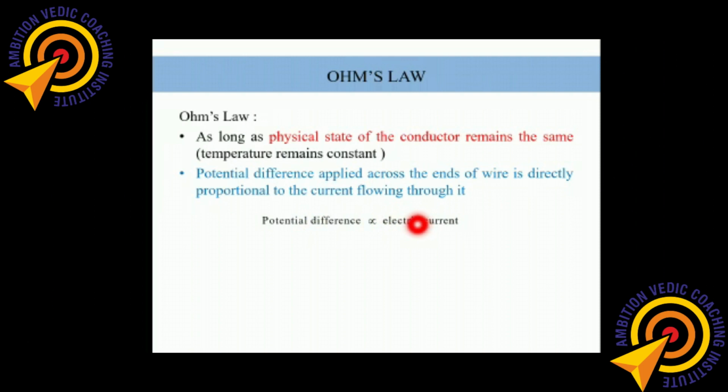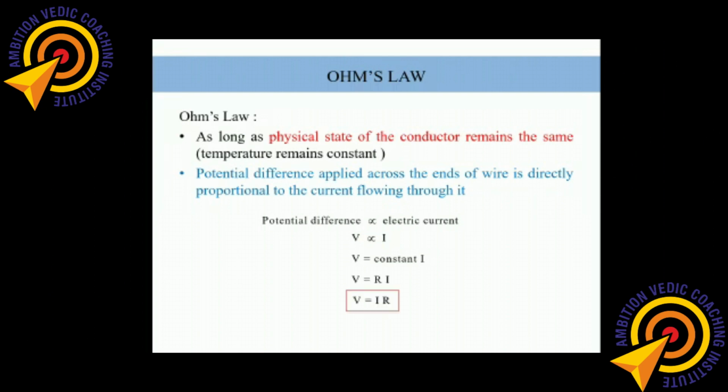In terms of symbols, we write it like this. V is directly proportional to I, and mathematically we don't want this proportionality sign between V and I, so it is replaced by equal to and a constant.